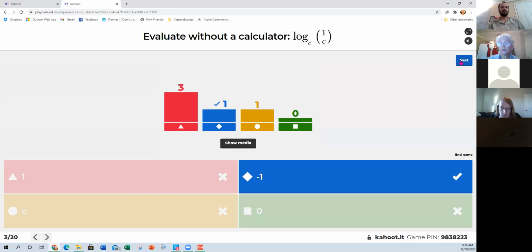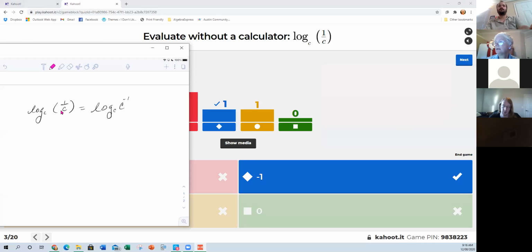Okay, so remember that log base c of 1 over c: 1 over c is the same thing as c to the negative 1 power. And when you have the base and the argument the same, they undo each other, and you're just left with negative 1.